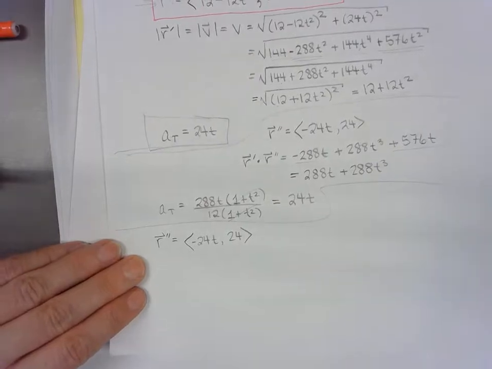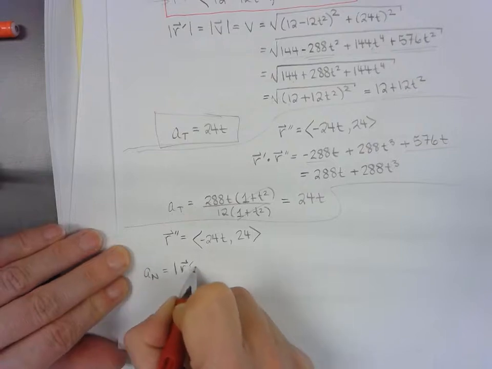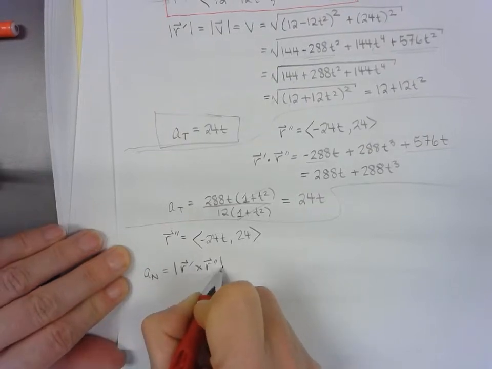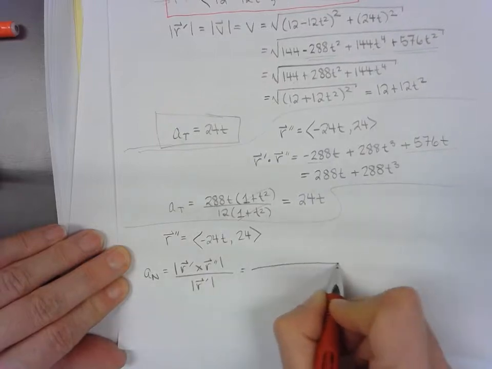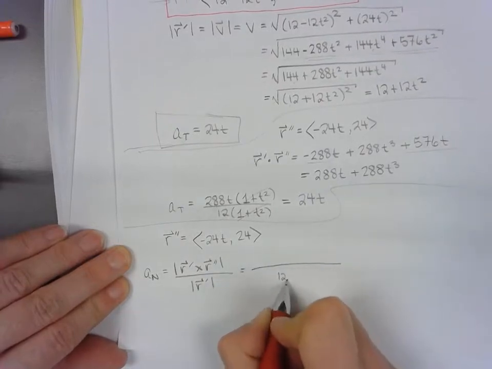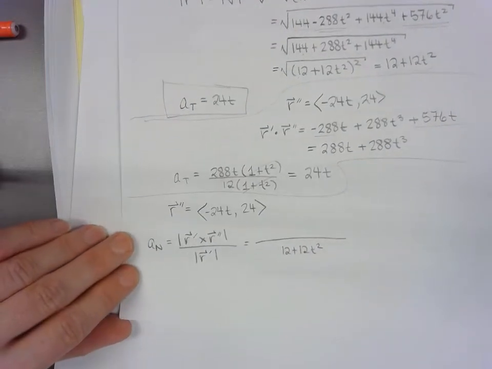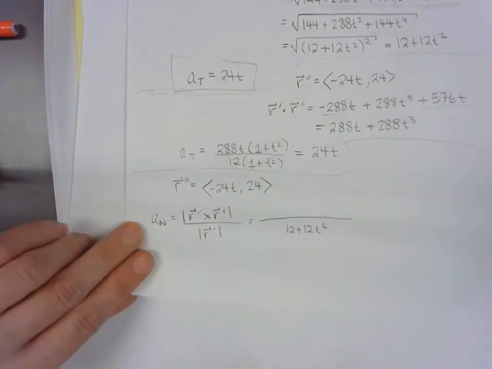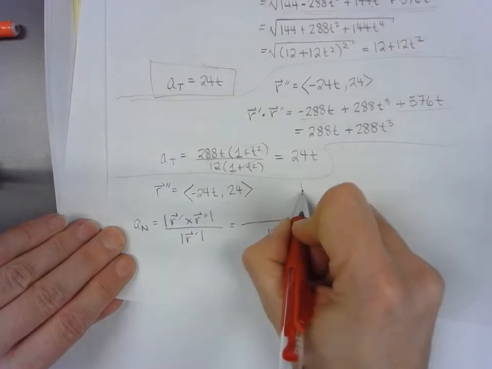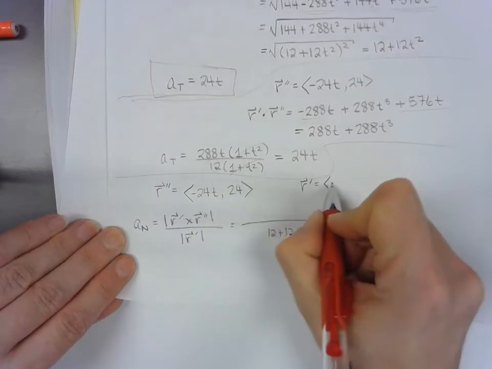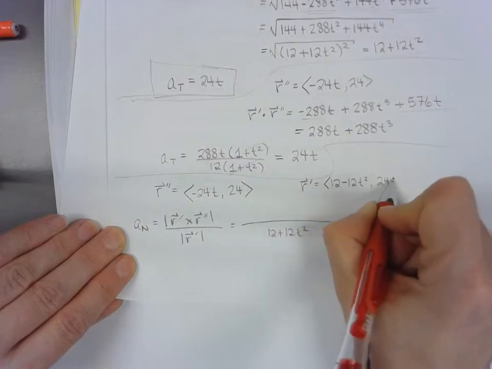Okay, a sub n says do magnitude of r prime cross r double prime divided by magnitude of r prime. Okay, I already know the magnitude of r prime is 12 plus 12t squared. We did that up here. I'm going to just give us a reminder of what r prime is, so I don't have to keep sliding the paper up.